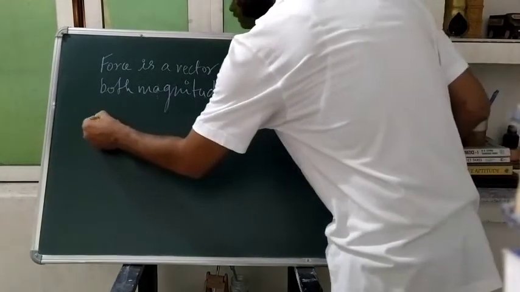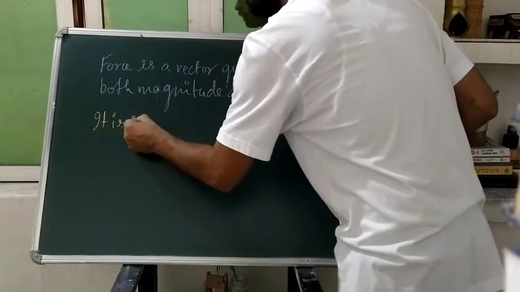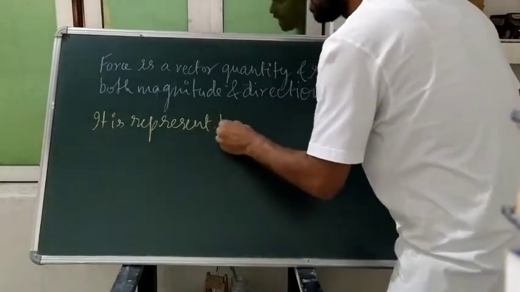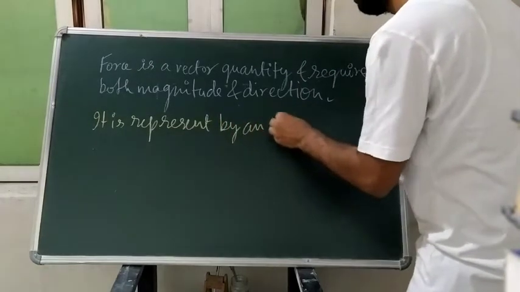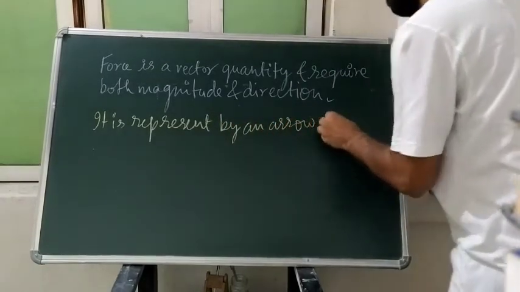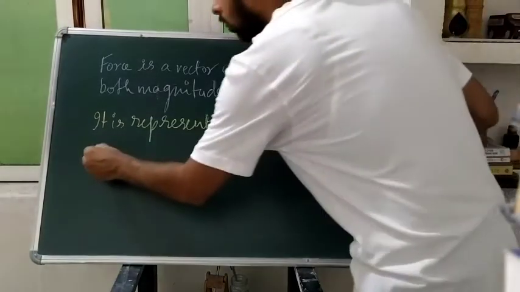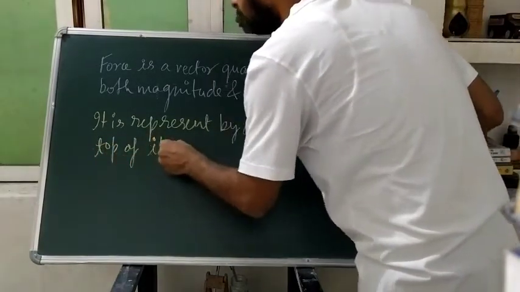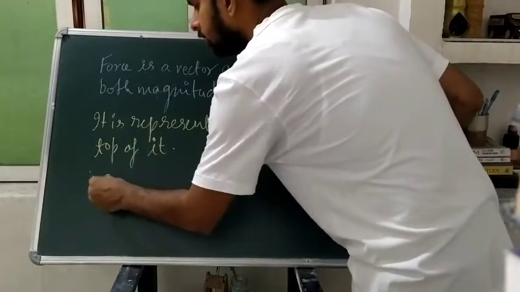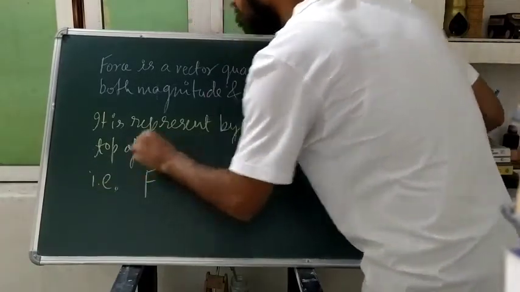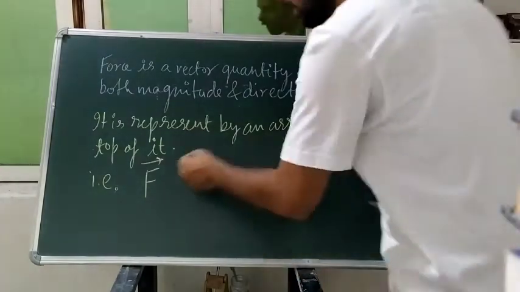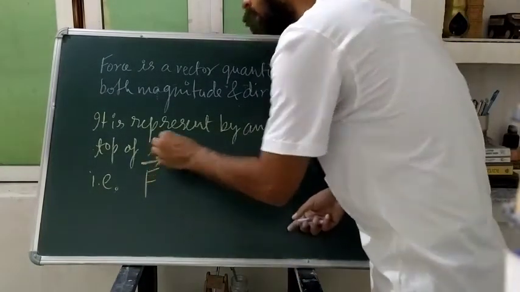It is represented by an arrow on the top of it. In this way, capital F says that it is force, and we put the arrow on top of it.